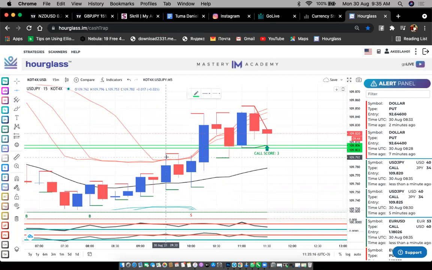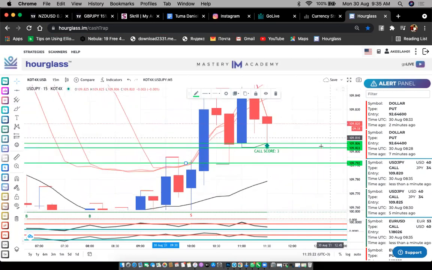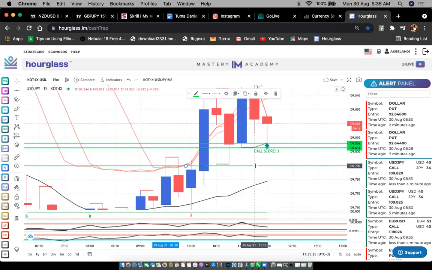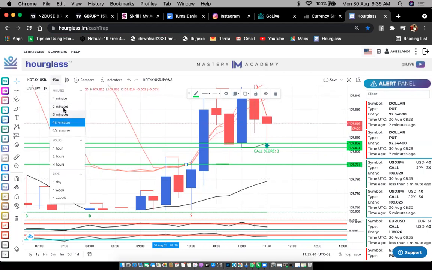You understand? That tip of the candle, what does it symbolize? The wick of the candle. Now, the wick is a candle in a lower time frame. That's one thing you should know. That little tail that it shows, if you go to the smaller time frame, it's a candle.